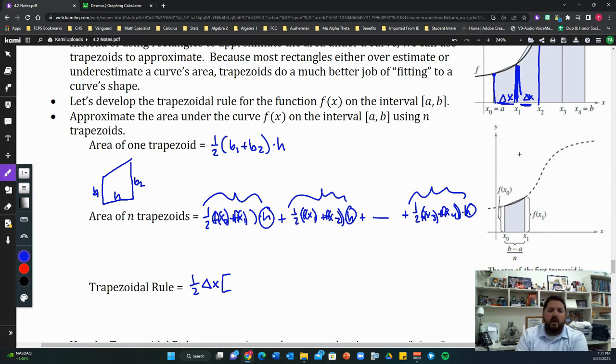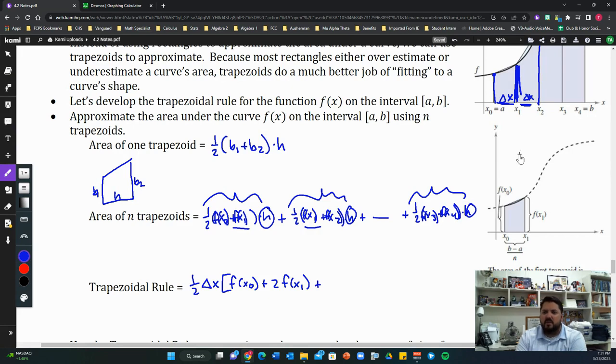But when we pull all that common stuff out, what's really left is f of x sub 0, and then I have f of x sub 1 there, and I also have it here. So a simpler way to write it is 2 times f of x sub 1, because that height got used twice in all of the math going on between all of those. X sub 2 would have been used twice.